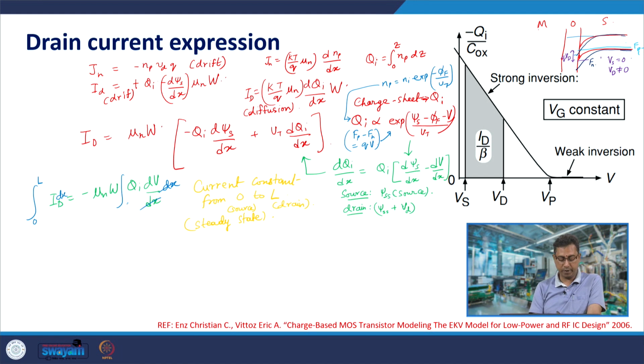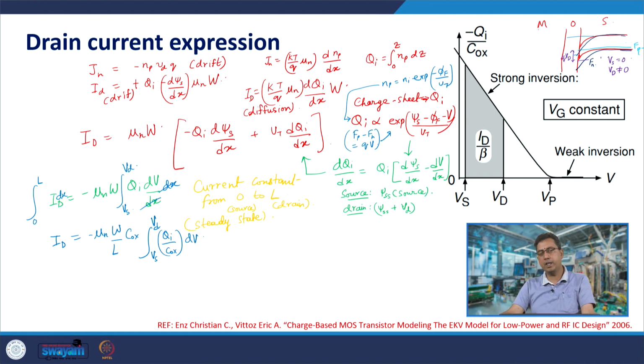So, what are the limits? At the source you have source voltage Vs, at drain you have drain voltage Vd. So, you get a popular expression, ID is mu n W by L Cox integral from Vs to Vd of Qi by Cox dV. Vs usually we assume to be 0.